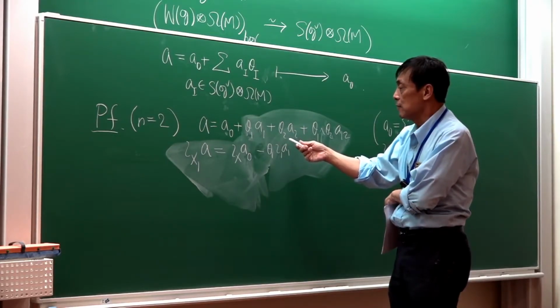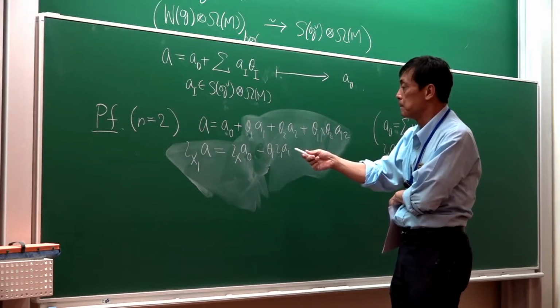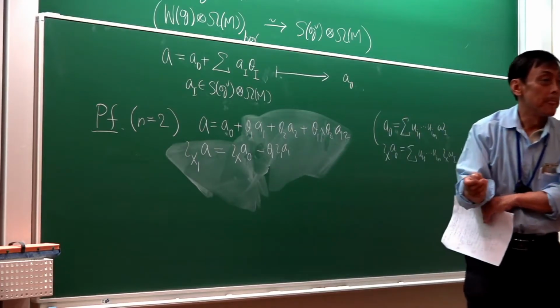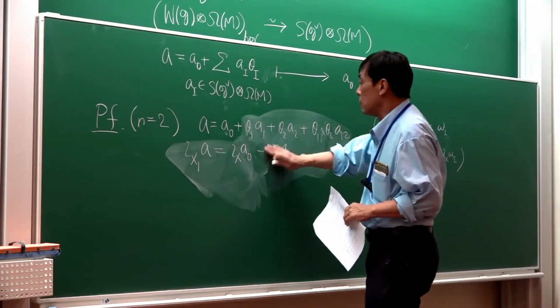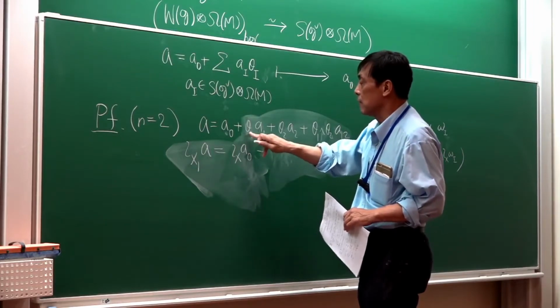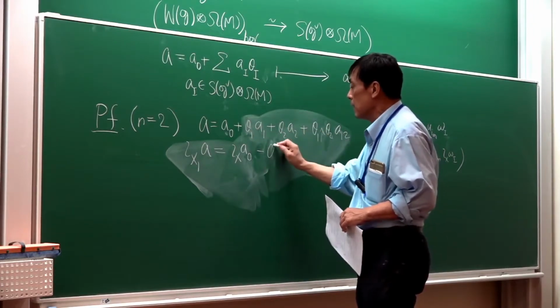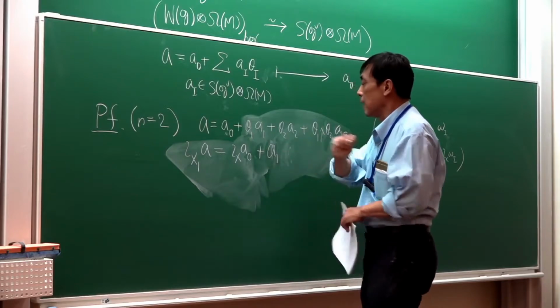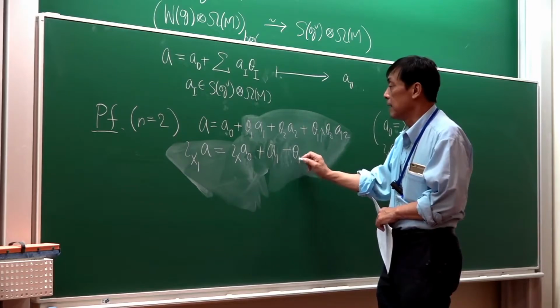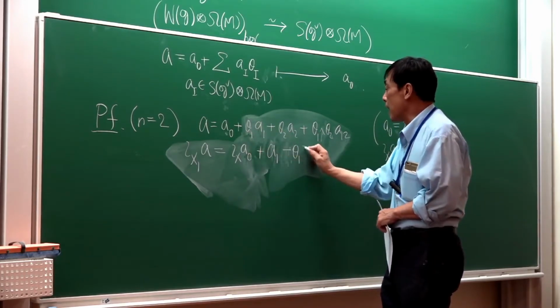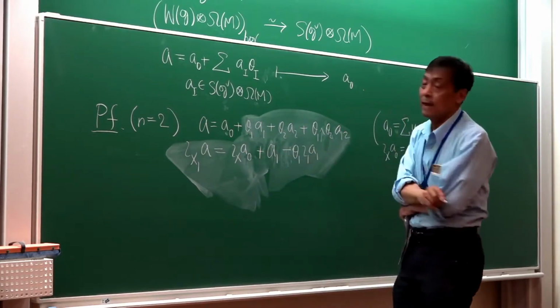And then the next term, oh, that's right. First, I can contract with theta 1. I get 1. So I get A1. Okay. And then I have minus theta 1, I1 A1. That's right. Okay, good.